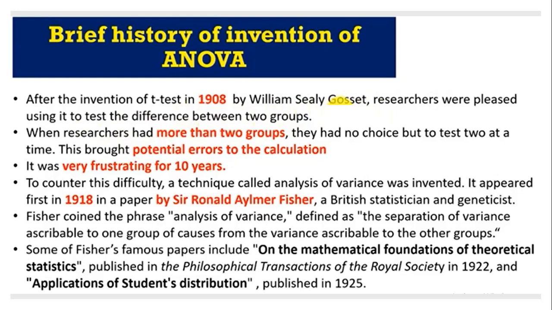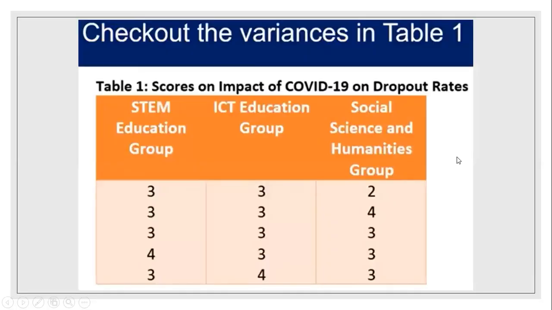And the paper was actually published in the year 1925. You can see the years in between when he invented it and when he actually published the paper on his invention.